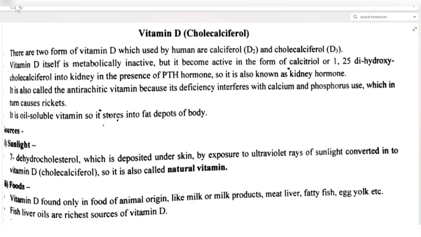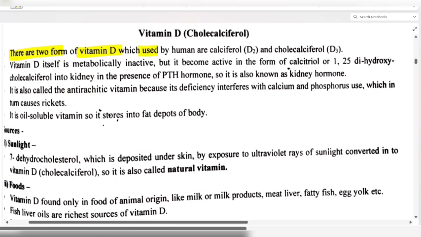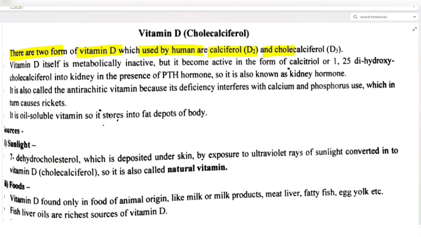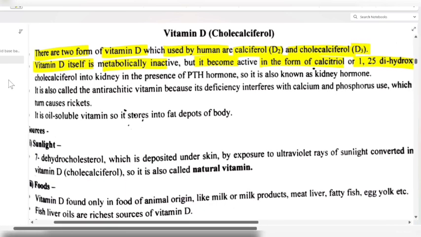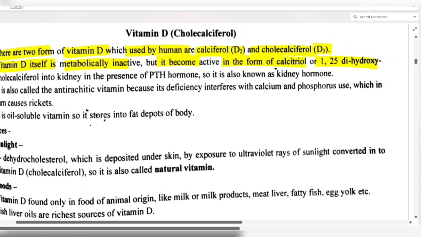So let's start. There are 2 forms of vitamin D used by humans: calciferol, that is D2, and cholecalciferol, that is D3. Vitamin D itself is metabolically inactive, but it becomes active in the form of calcitriol or 1,25 dihydroxycholecalciferol in the kidney in the presence of parathyroid hormone.